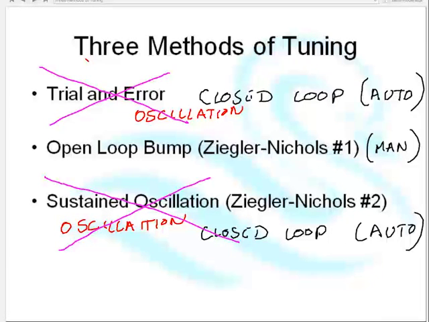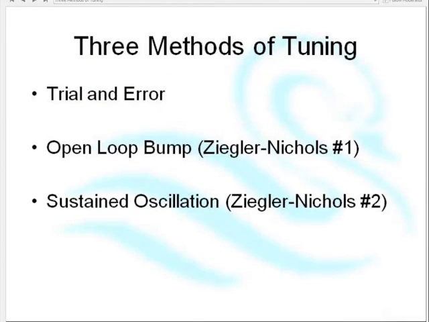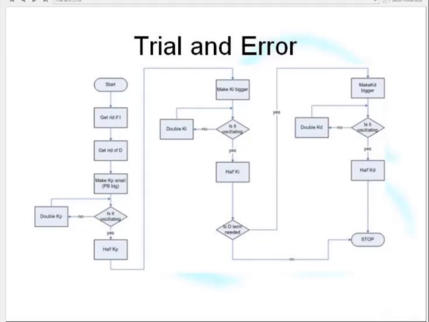Having said that, I'm going to teach you how to use all three methods, and there's a reason for that which will become plain to you a little bit later in the course. So just remember, the only method you are allowed to use in the field is the open loop bump method. So moving along, let's have a look at these three different methods.